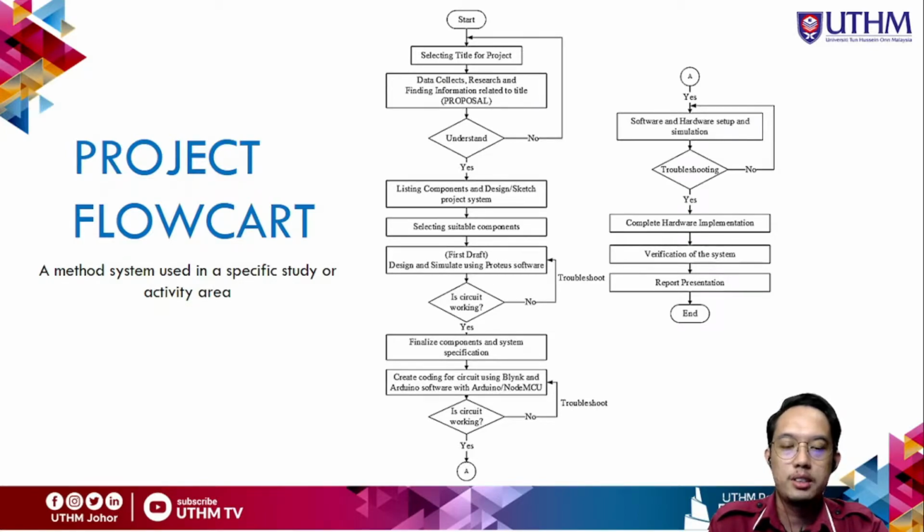That means doing some proposal for the title. And then listing components and designing a sketch of the system, selecting suitable components, and for the first draft, designing and simulating using Proteus software that has been chosen to design and simulate a result for the PV system.